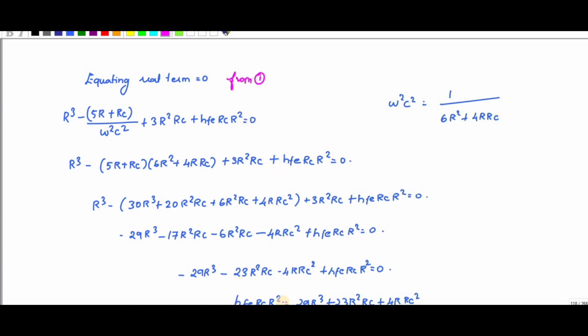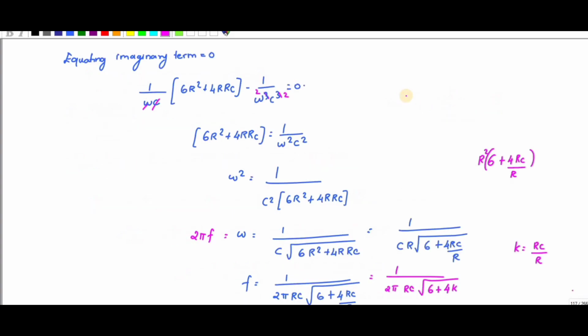So if I equate, I will get r cube minus 5r plus rc divided by omega square c square plus 3r square rc plus hfe rc r square equal to 0. So from the previous equation, what is omega square c square? Omega square c square is equal to 6r square plus 4r rc, right? So this is from 2.